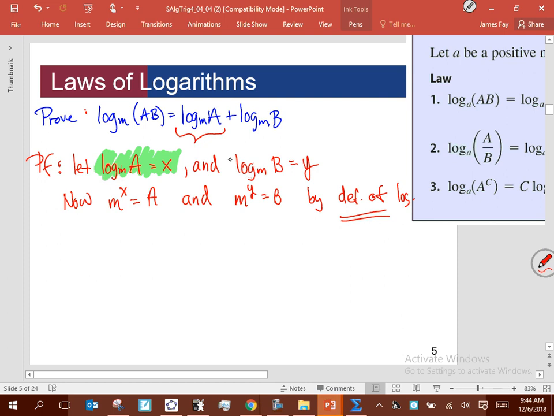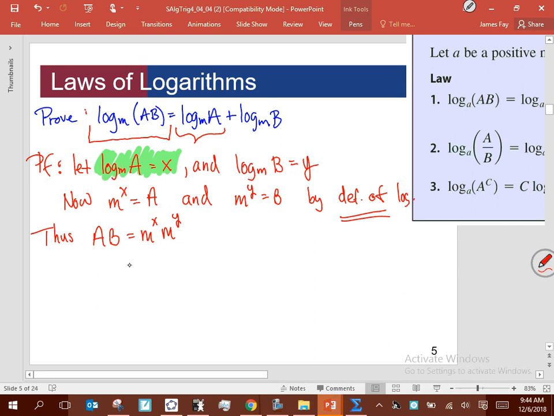What did we do right here? What operations happen with A and B right here? Multiplication. So let's multiply A and B down here. So I multiply A times B. What's another way of writing A times B right now? Okay, m to the x times m to the y, right?